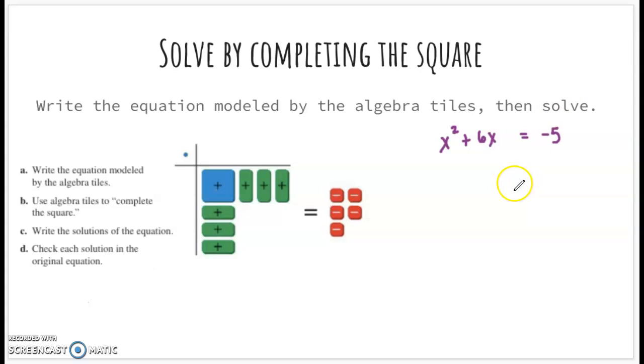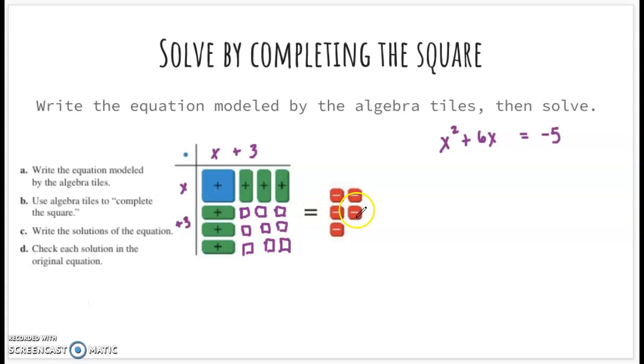5 singles. All right, and if I'm completing the square, I'm adding in, right, all the singles that would finish off this area model, that would make this a perfect square, right? So I'd end up with x plus 3 and x plus 3, which gives me 9 that I'm adding on.